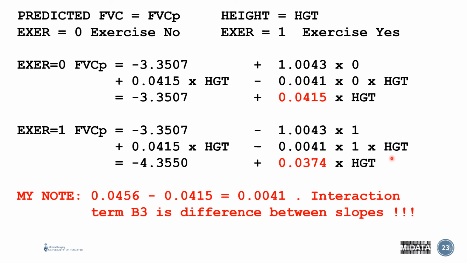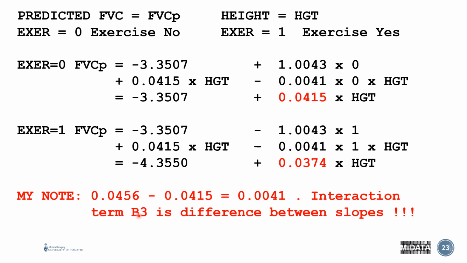Interestingly, when you take the coefficients for height from the two different slopes and you subtract them, you end up with 0.0041, which is, it turns out, the coefficient for the interaction term, so B3.